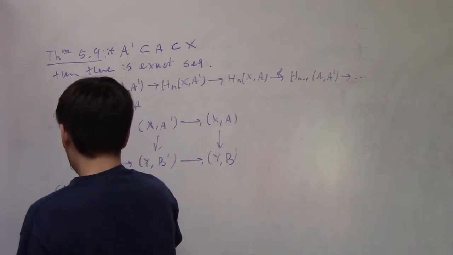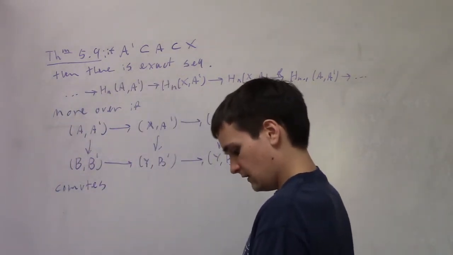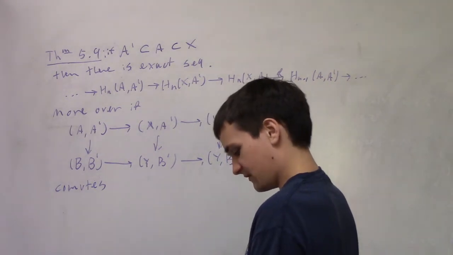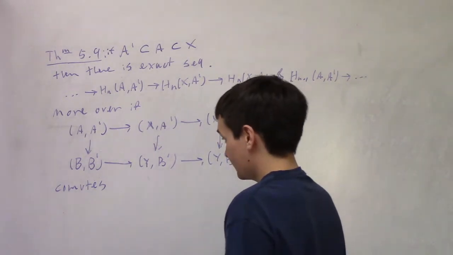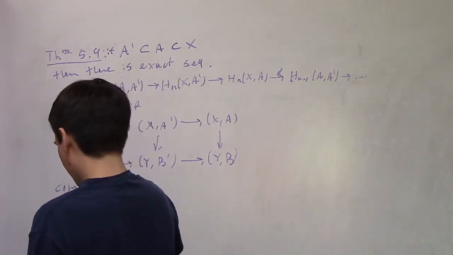So if this commutes, then there's a commutative diagram with exact rows. Essentially the same picture that we've had for the past two proofs, but I'll try it again.